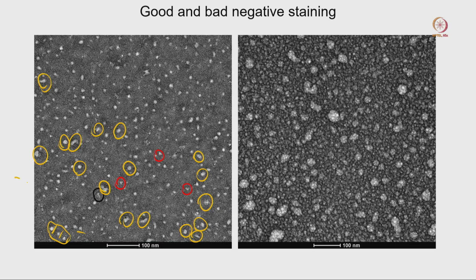So here we cannot identify our particles properly, or see the morphology of our sample properly. This kind of data we will again consider as bad data or a bad image.